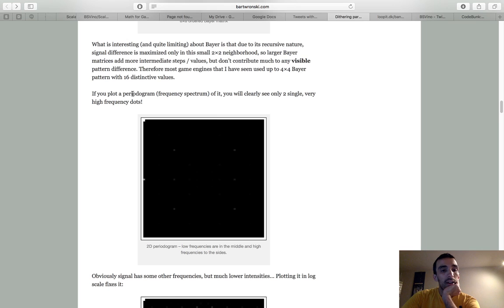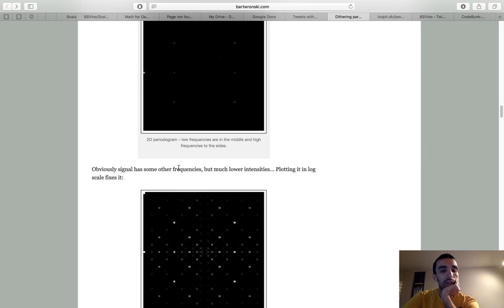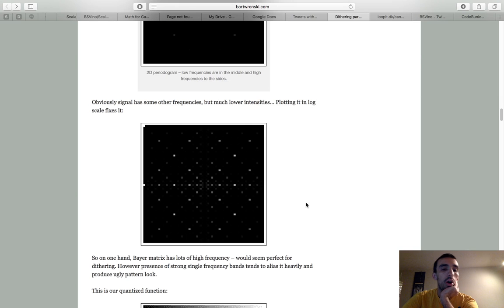If you plot a periodogram, a frequency spectrum of it, you will clearly see only two single very high frequency dots. Here's one on the very top left, and here's one on the very far left. I'm not sure what those frequencies correspond to. Obviously, signal has some other frequencies, but with much lower intensities. Oh, I see. Plotting at a log scale fixes it.